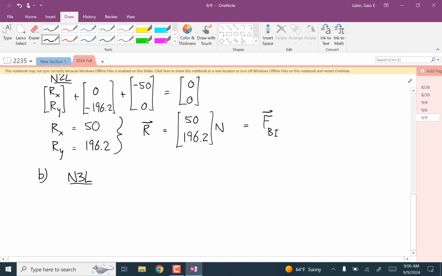And so that means that the force on the incline by the block, Newton's third law says that's equal to negative F_BI. Okay? And so this is equal to, just multiply that by negative 1 and you get negative 50, negative 196.2.